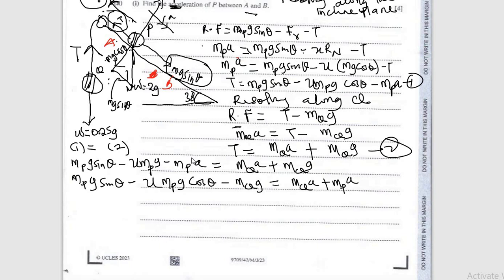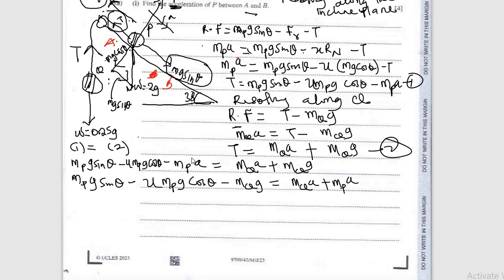Let me correct this. I omitted something here. It's actually mu mpg cos theta. Okay.